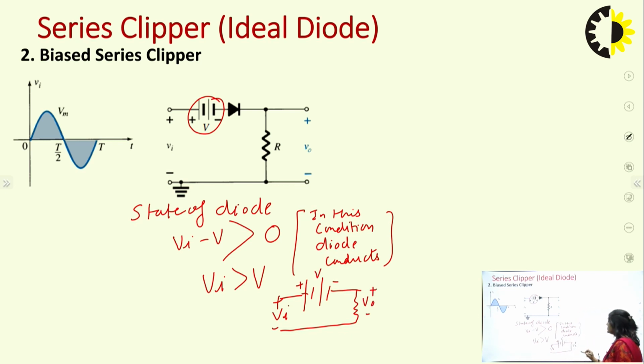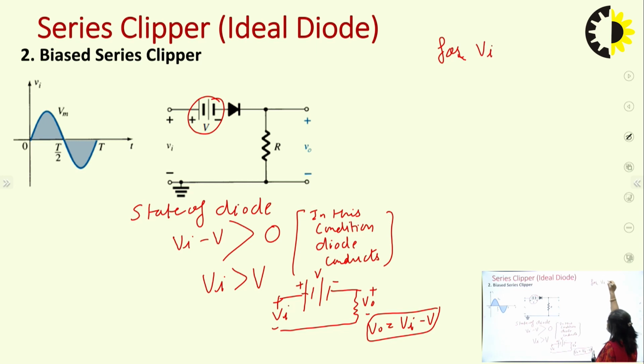So V naught would be equal to Vi minus V. We can apply KVL here, and from KVL we can see the output V naught is equal to Vi minus V. Okay, so now in this condition Vi greater than V, the diode conducts.